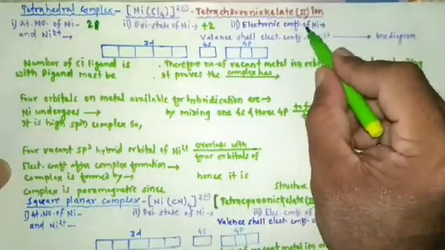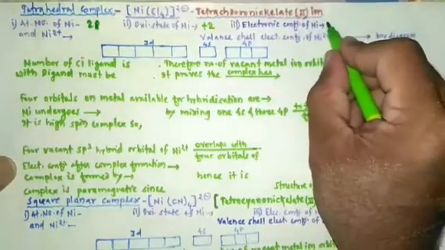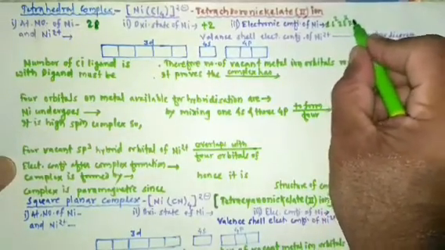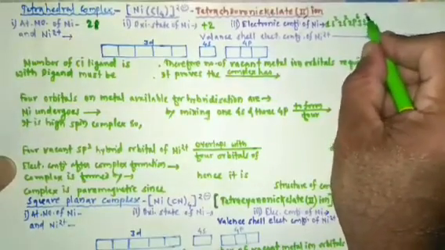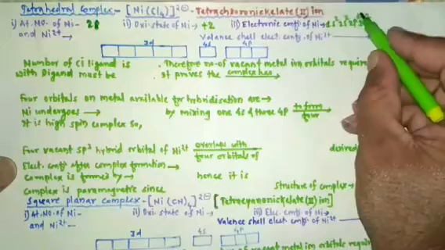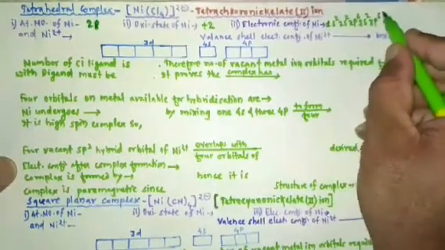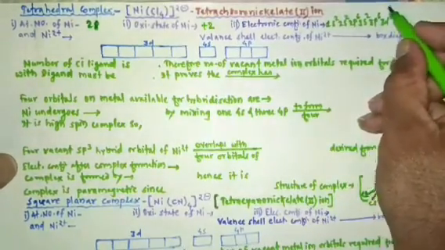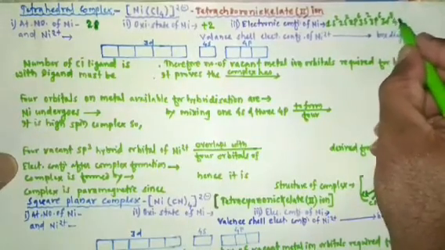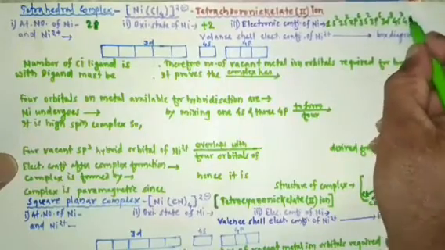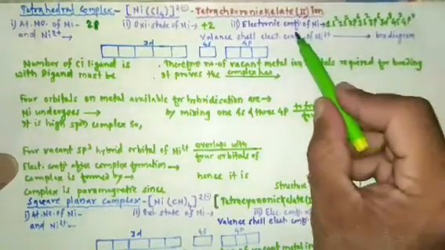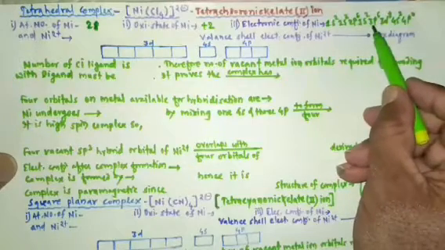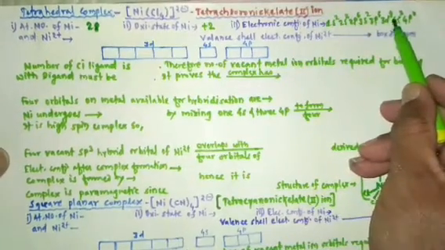So the electronic configuration of nickel is 1s2, 2s2, 2p6, 3s2, 3p6, then 3d8, then 4s2, and 4p0.